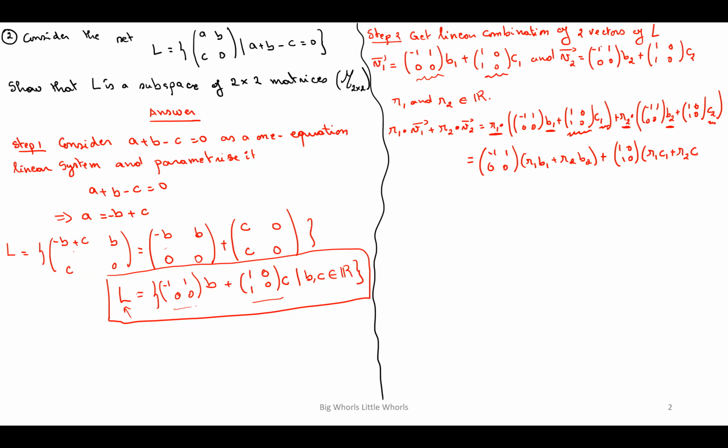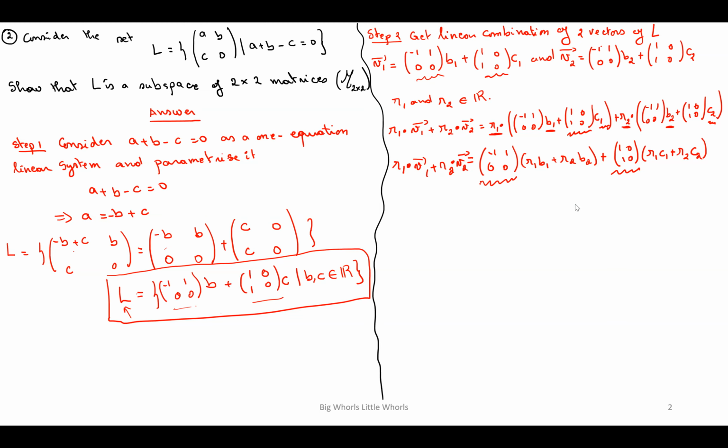So yes, r1 v1 plus r2 v2 is closed under linear combination, because it is the linear combination of those two basic vectors. Linear combination of linear combinations is a linear combination.